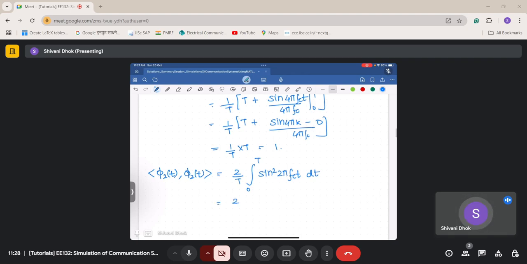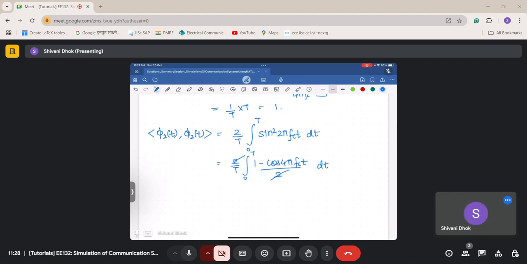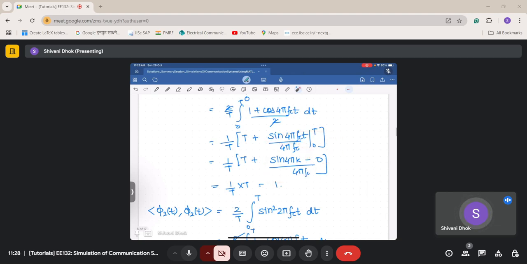So again I can write it as 2 by T integral 0 to T of 1 minus cos 4 pi fc t upon 2 dt. This 2 gets cancelled. Integral of this part is 1 and integral of this part we have seen here comes out to be equal to 0.